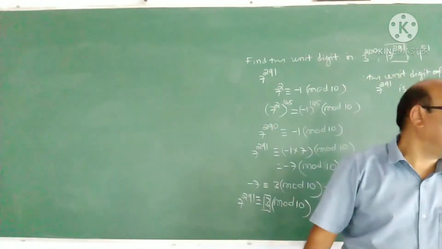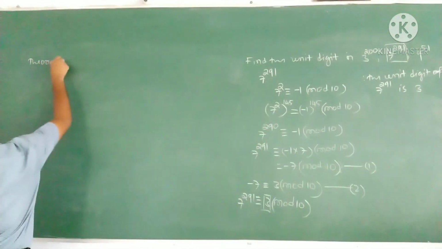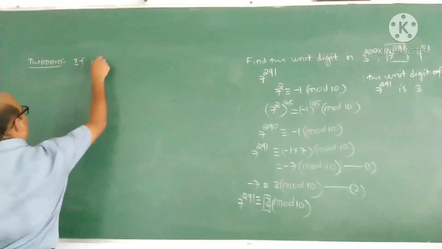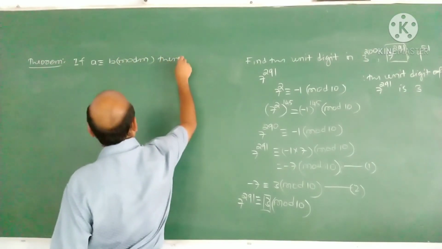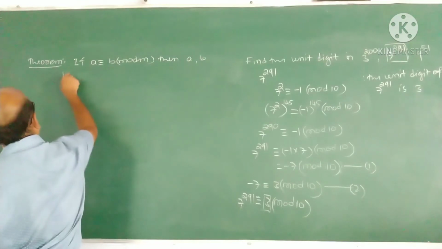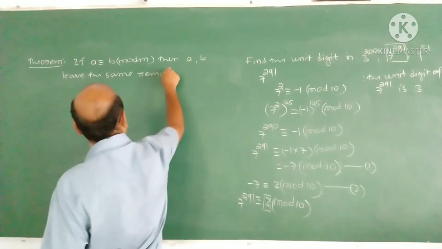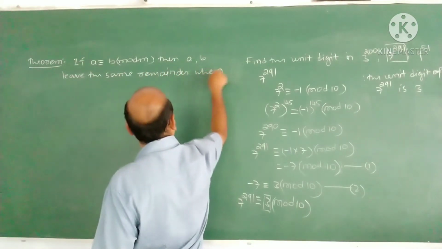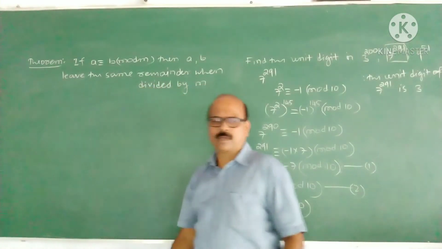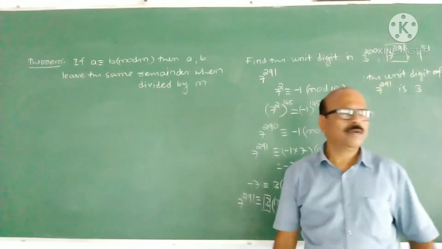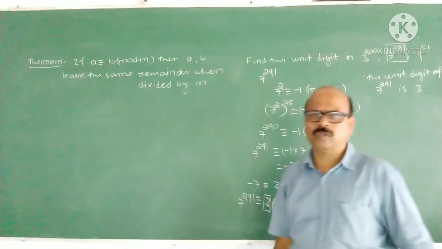Next property is like this. We take this as header. If A is congruent to B mod M, then A and B leave the same remainder when divided by M. You may use this property while studying further theorems on congruences.